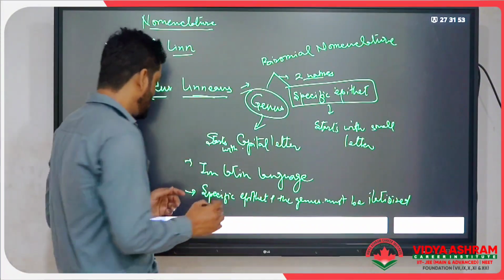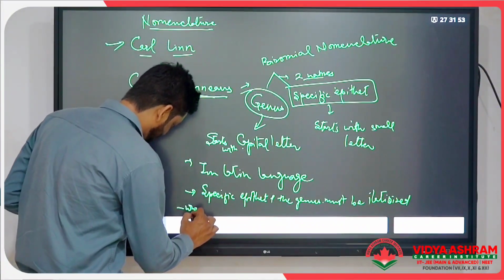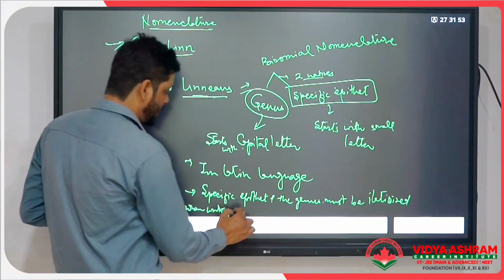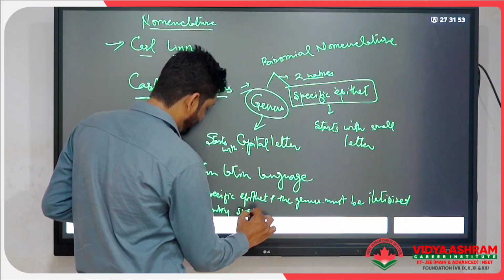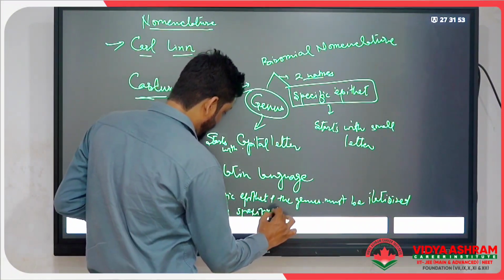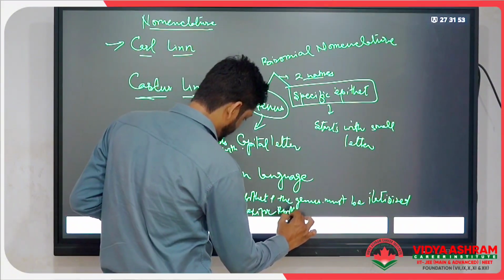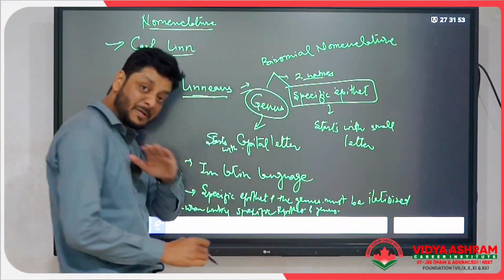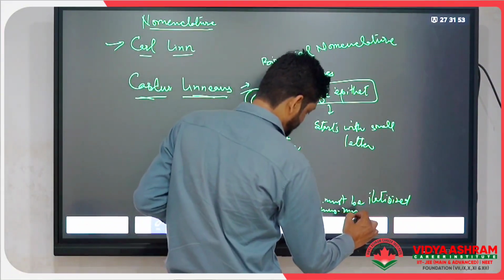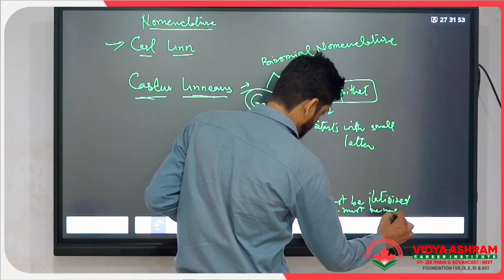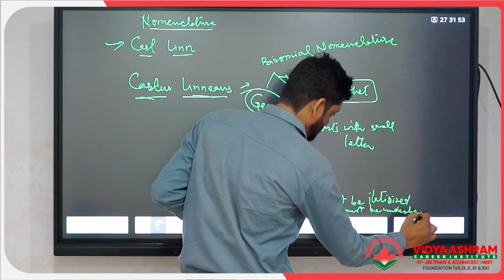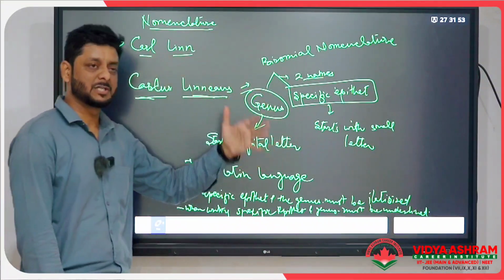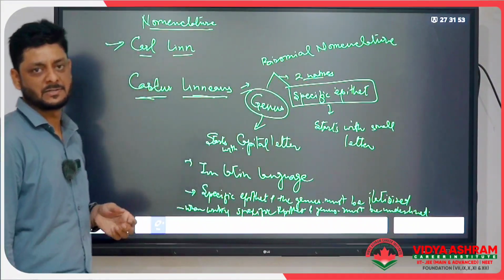So when you write the name, the specific epithet and the genus must be underlined. Those are the specific rules for the binomial nomenclature proposed by Carolus Linnaeus.